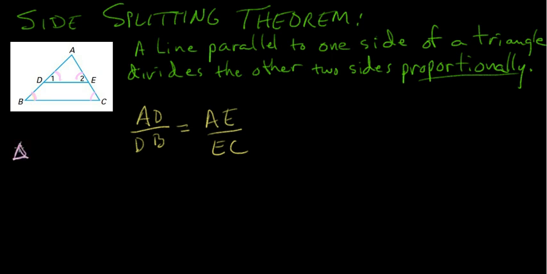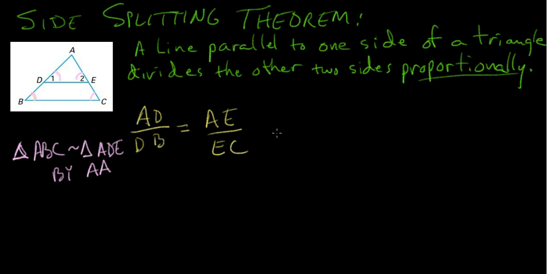Triangle ABC is similar to triangle ADE by the angle similarity postulate. So we have two similar triangles.